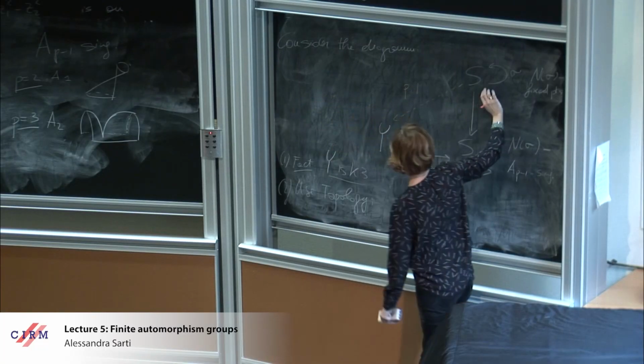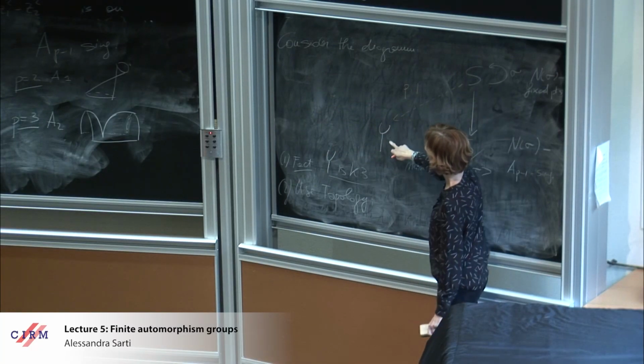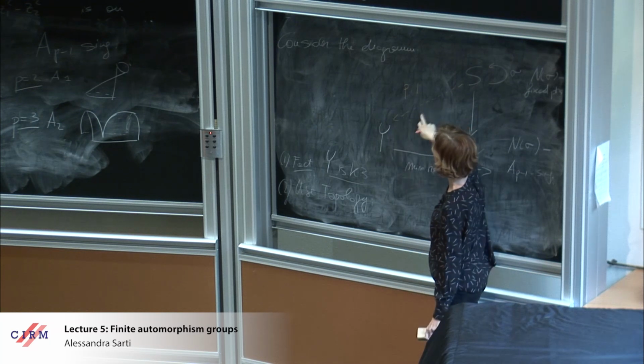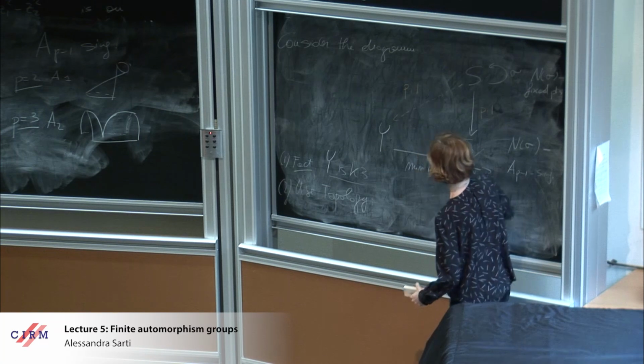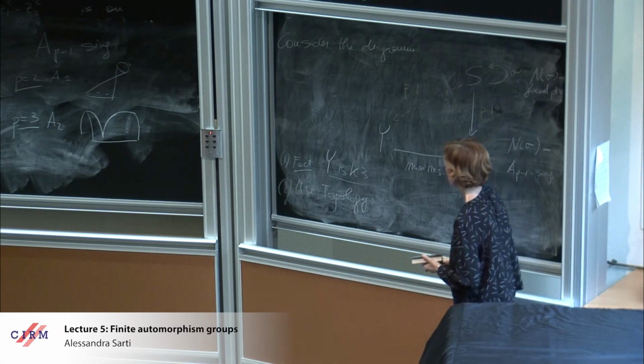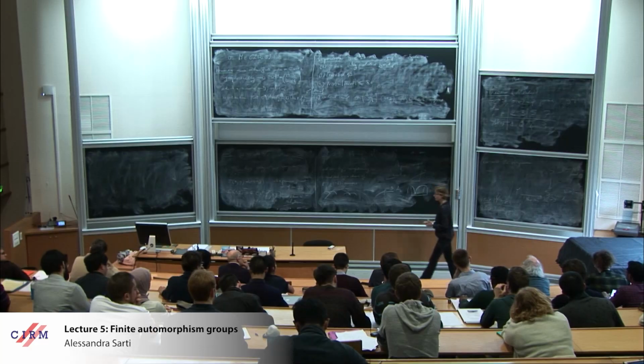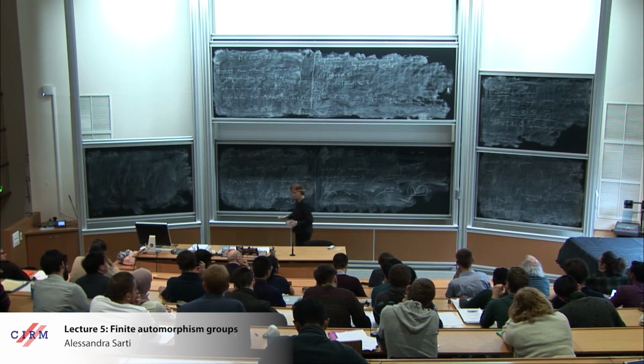So this means if you take away the points here and the curves here that come from the singularities, this is a p to 1 map. This is also p to 1. Okay, that's good because the order of sigma is p. So let's compute the Euler characteristic.